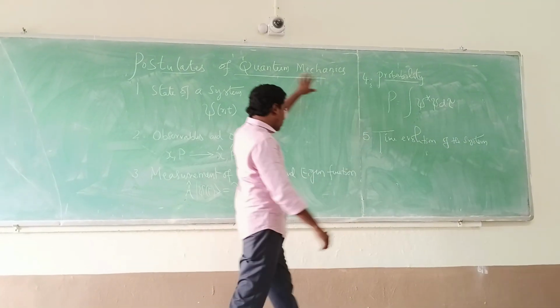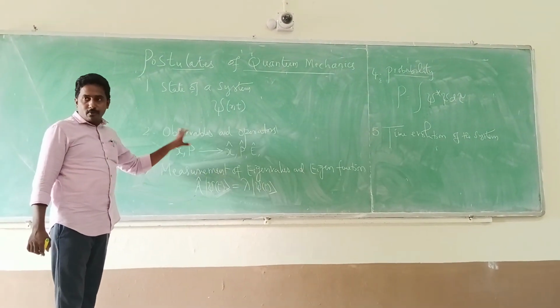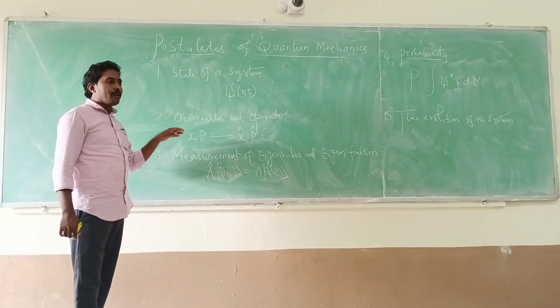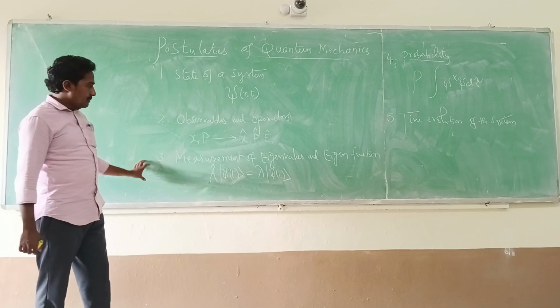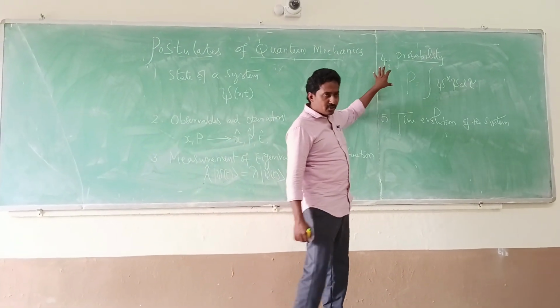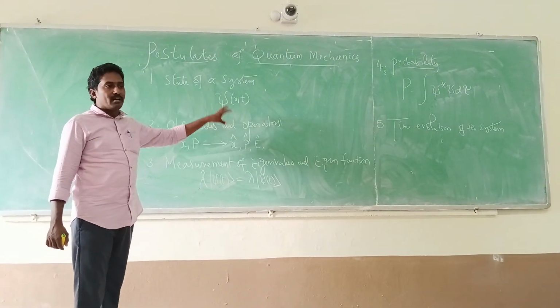The first four postulates describe a quantum state at a given time t. The first one is the state of the system, then observables and operators, then measurement of eigenvalues and eigenfunctions, and the fourth one is probability.